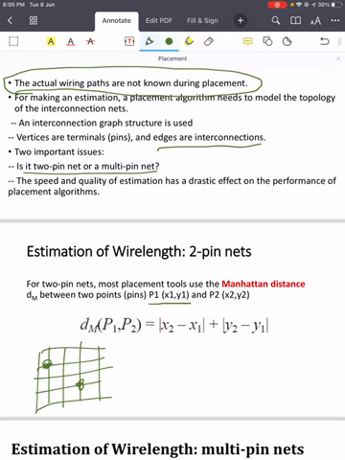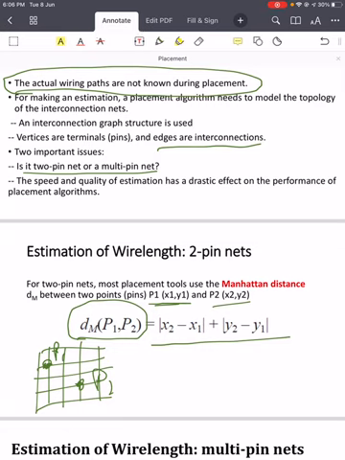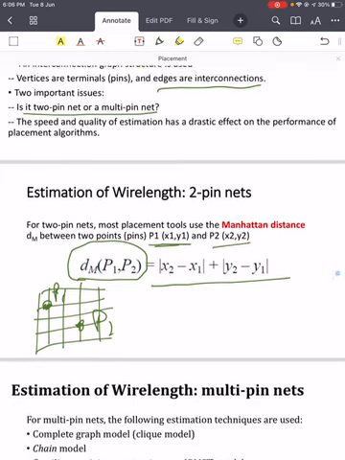So if p1 is at x1, y1 and p2 is at x2, y2, then we can find the Manhattan distance between these 2 points very easily using this equation: mod of x1 minus x2 plus mod of y2 minus y1. This is a very popular method for estimation of the wire length of 2-pin nets, often used in most placement tools.